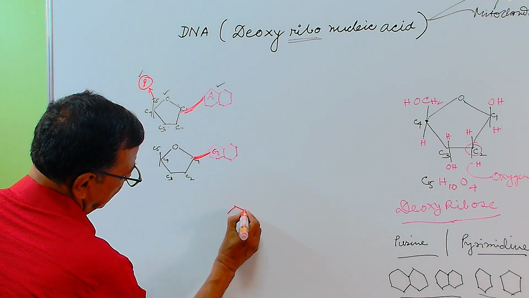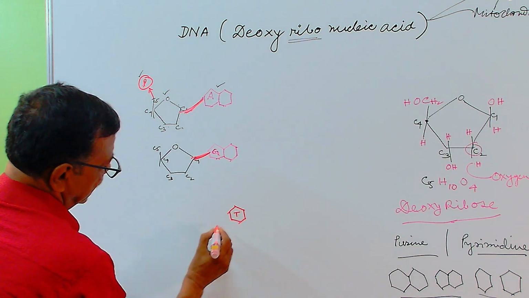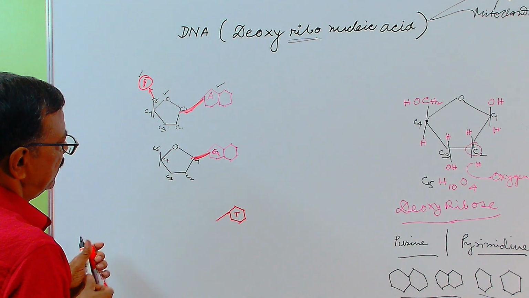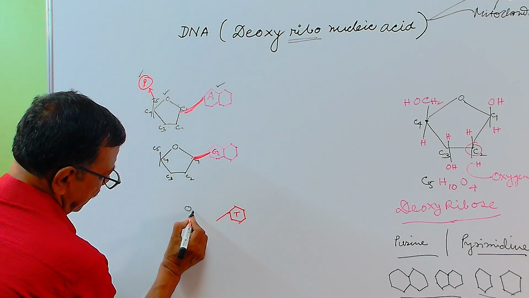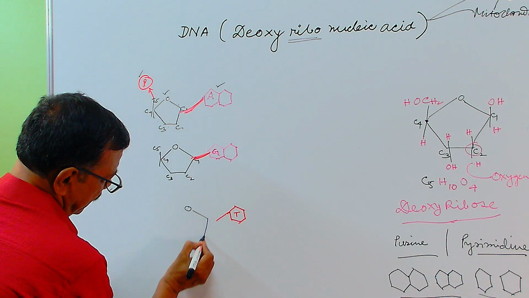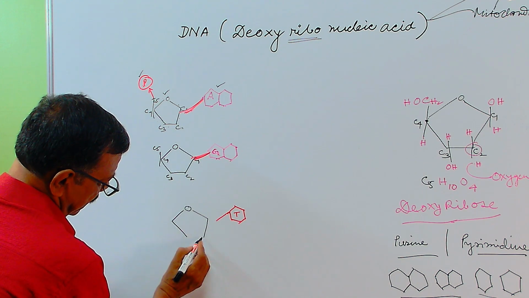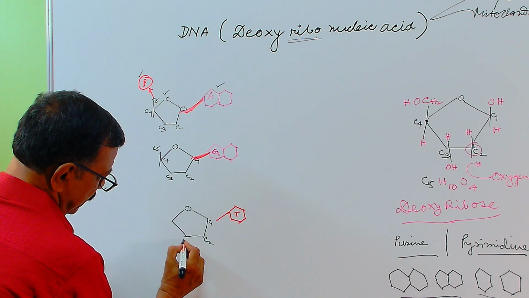Thymine is single ring. Thymine is joined with this sugar like this, C1, C2.